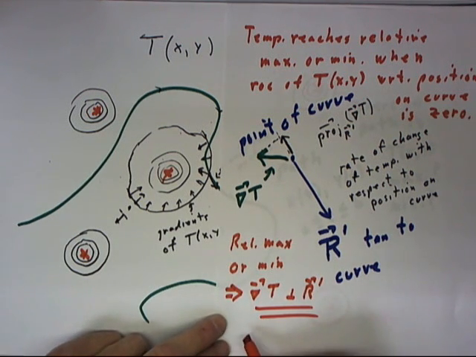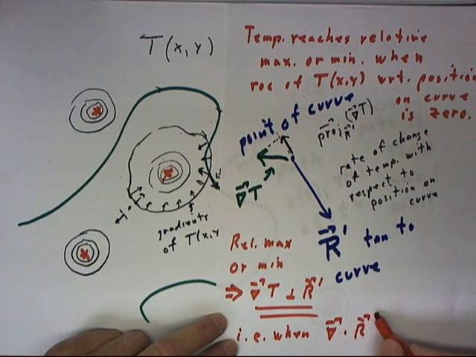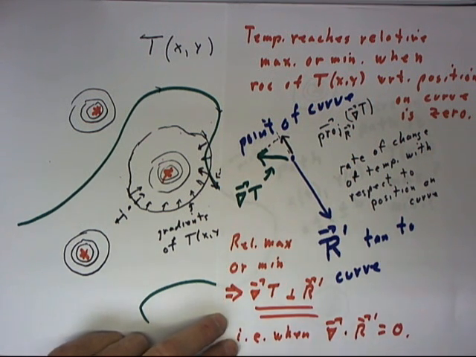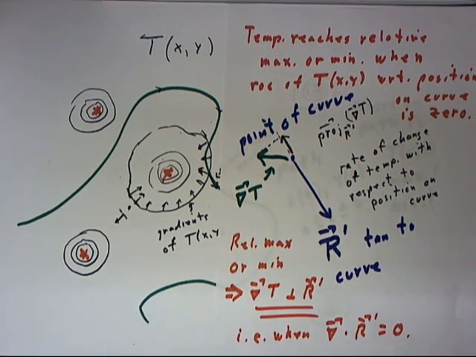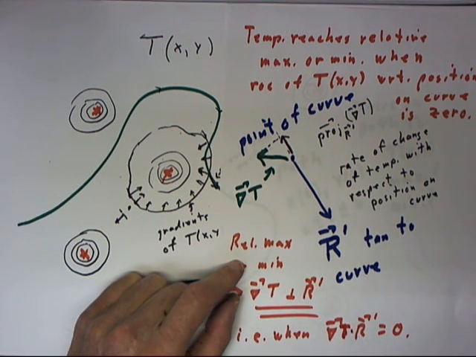An equivalent condition is when del T dot r prime equals 0.